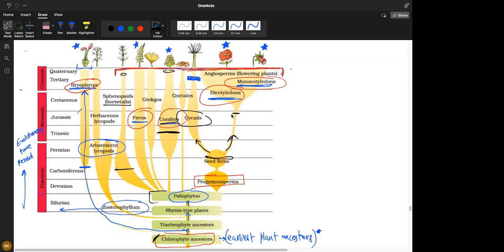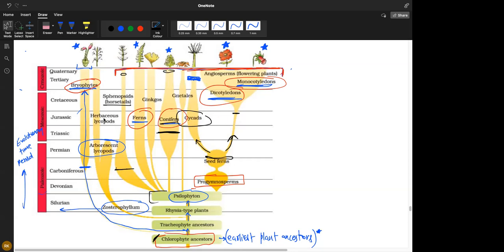And you're right. At one point of time, seed ferns diverged into cycads, which are not very dominant on the planet right now. But if you can see my cursor, during the Jurassic period, cycads were more prominent than dicots, monocots, or angiosperms, right? Very thin branch.